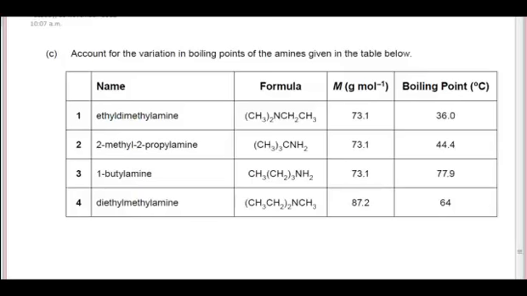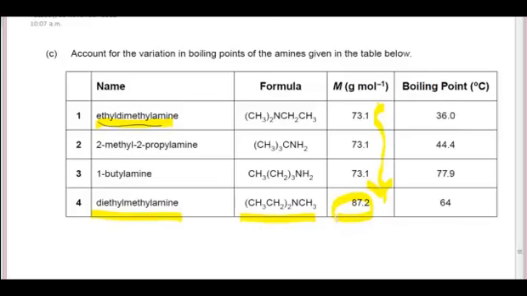And in this question, if we look at the first one here, a lot of the molar masses are fairly similar. This one is diethylmethylamine, which is very similar to ethyldimethylamine. There is a slight difference in the molar mass. The kind of bonding that can go on here is fairly similar.